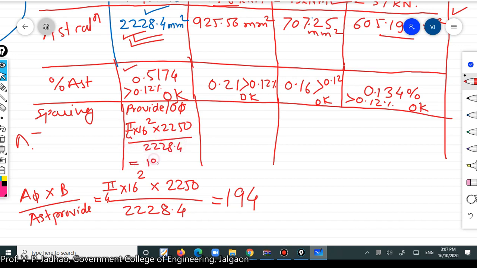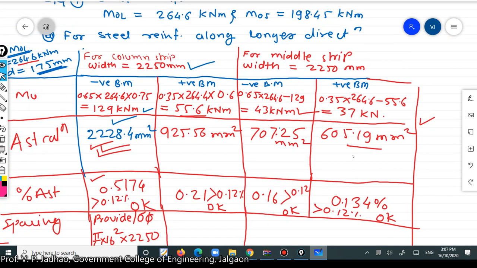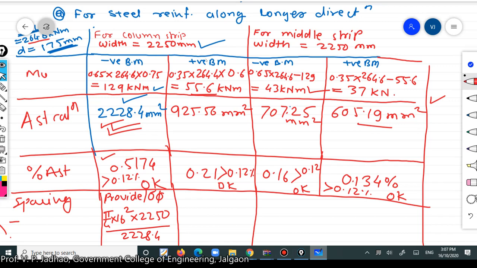So this comes out to be 194 mm. Rather than 194 mm, we will be providing steel reinforcement at 190 mm center to center.